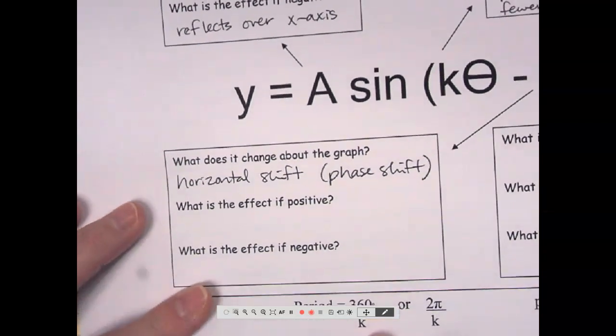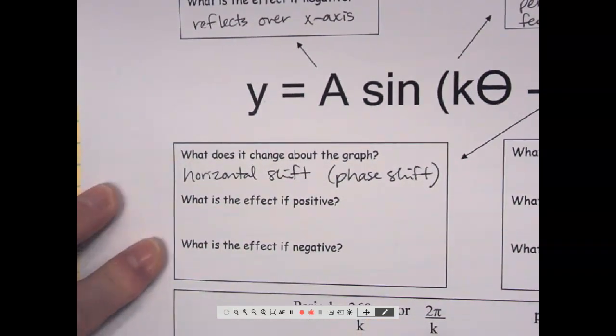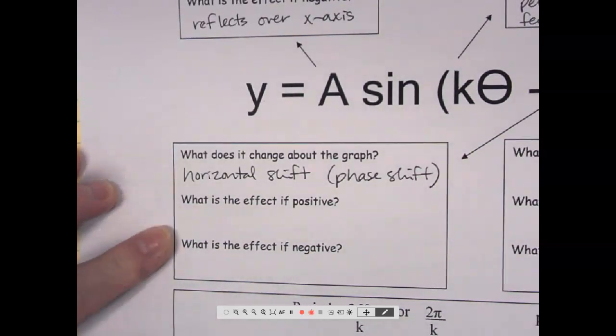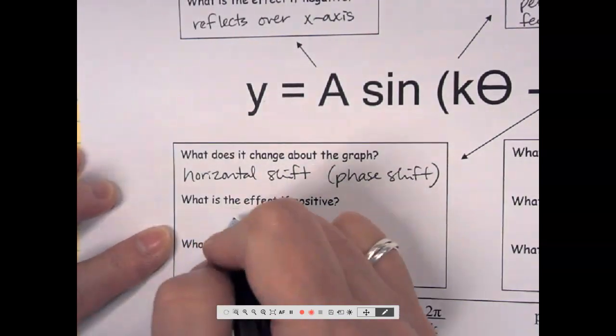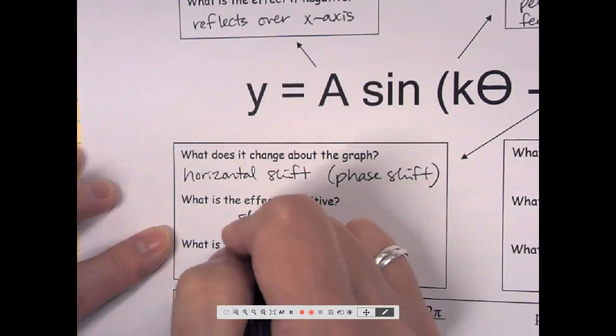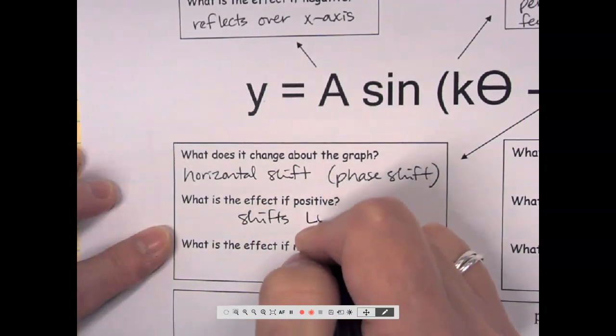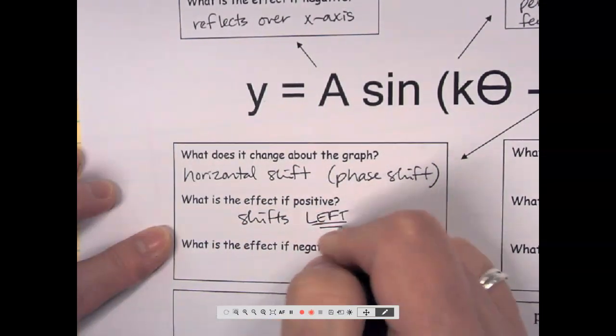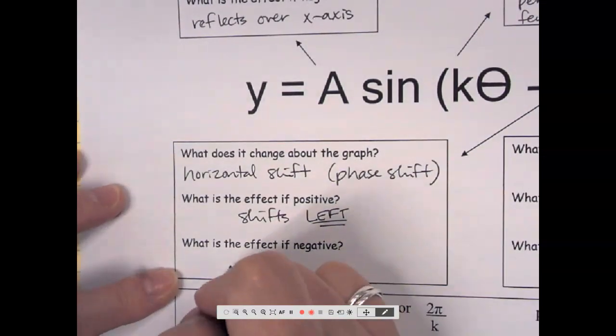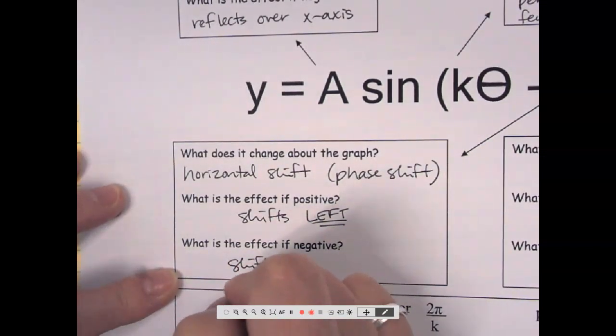And I don't know why we have to have a special word for that, but that's what that means. If it's a plus something, it shifts left. And if it's a minus, it shifts right.